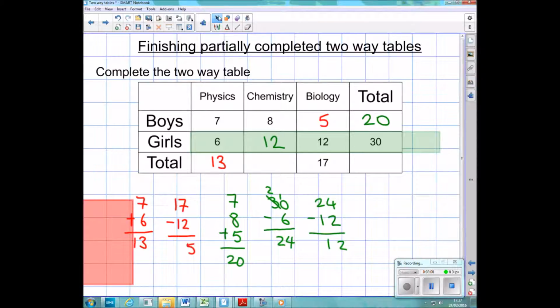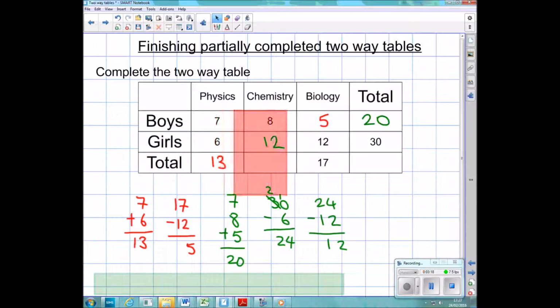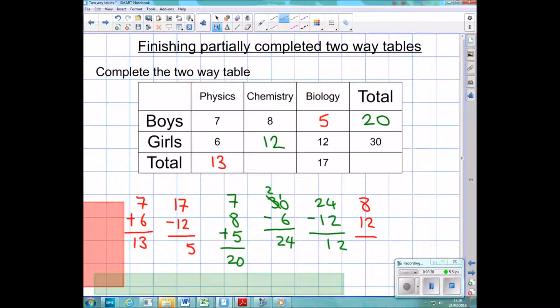Looking at the bottom row, the total, I've got 2 bits of data missing. So now I'm going to go back to looking at columns. Because I've just completed those rows, the chemistry column now has only 1 bit missing, just like the total. So I'm going to add the 8 and the 12 for the chemistry to get 20.